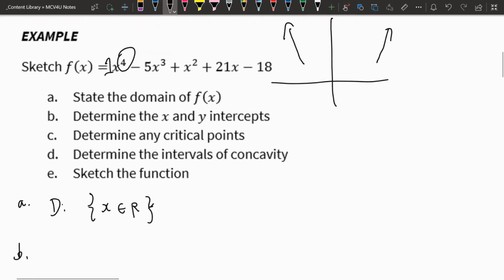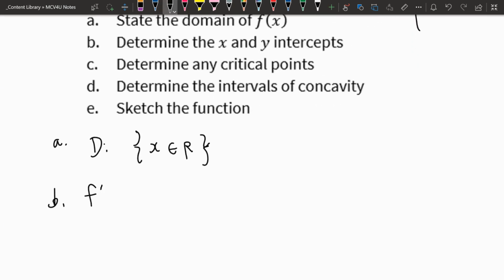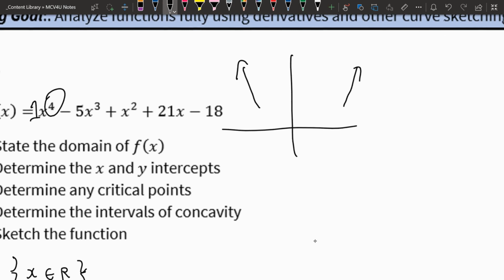With our factor theorem, if you remember, if f of some value a equals 0, then x minus a is a factor. So I need to find that value of a, and your potential candidates for this polynomial are going to come from the last constant term.